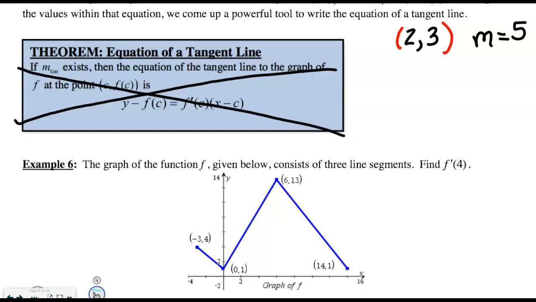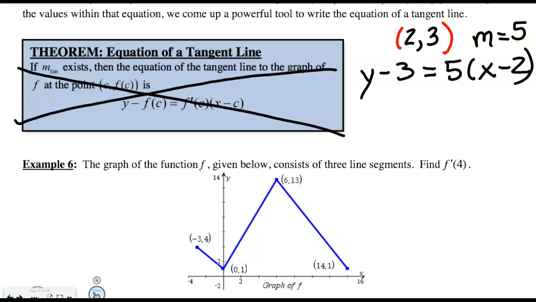It's in point slope form. Do you remember what you would write? Y, is equal to, times, minus. It's called point slope form. Agreed? That's what I want you to use.